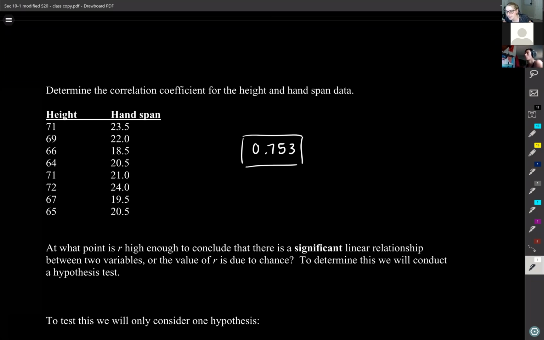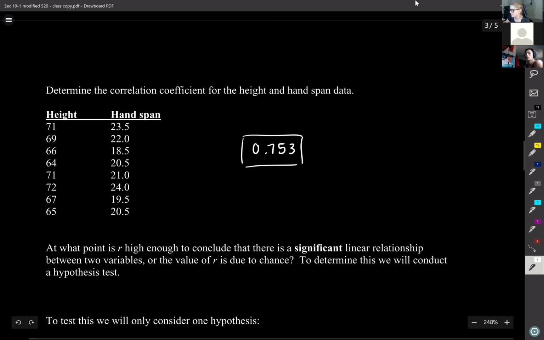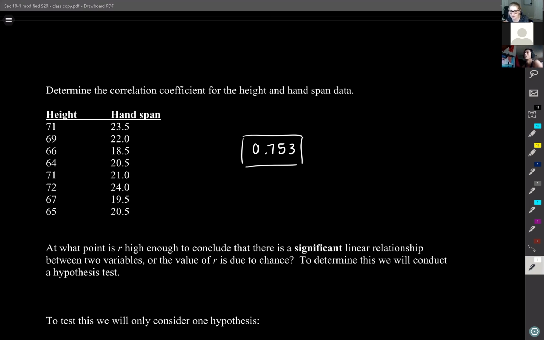You can send a chat. Good, yeah, strong positive relationship. It's positive and it's not really close to 1, but it's closer to 1 than it is to 0. So, yeah, good.